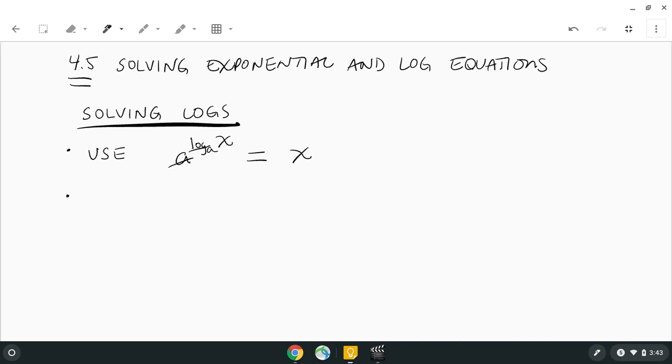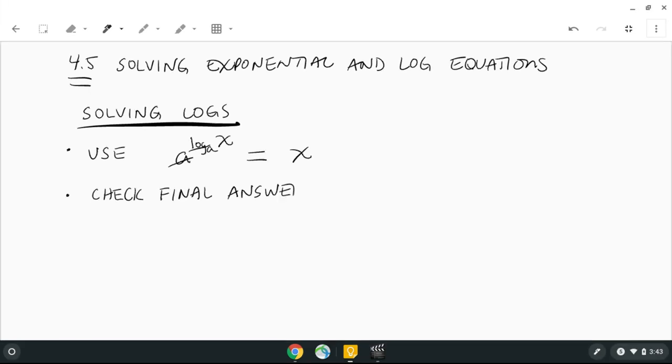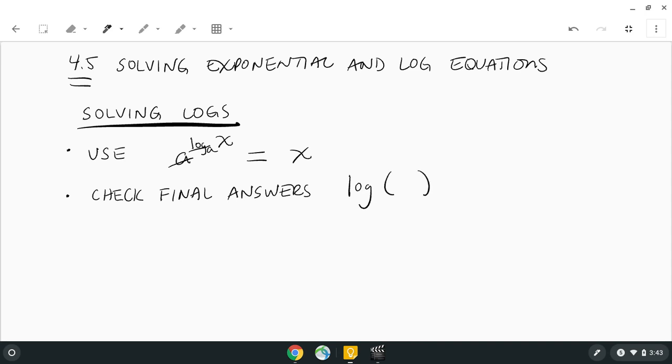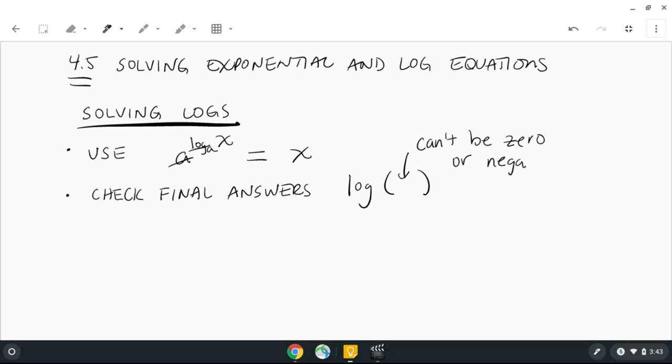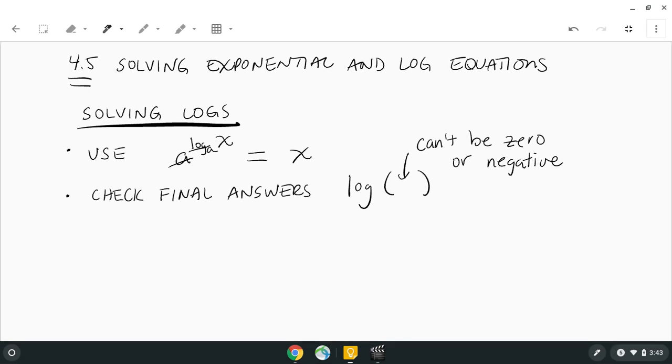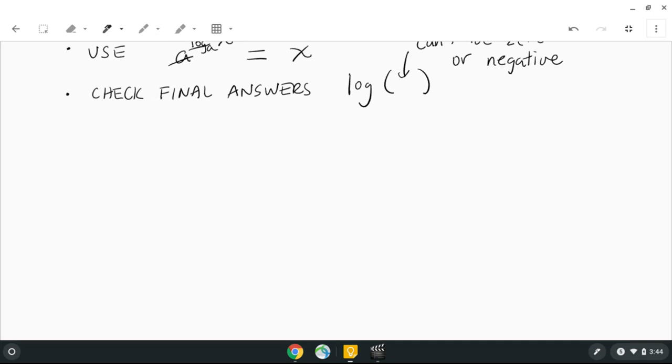So when you finally solve your log equation, you'll need to check final answers, because whatever we have inside the log can't be 0 or negative, at least not in this class. Okay, so let's go ahead and have a look.